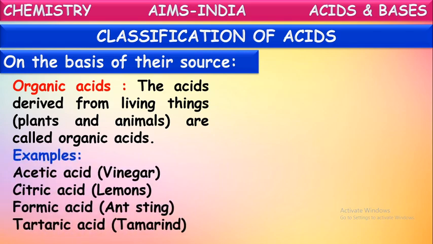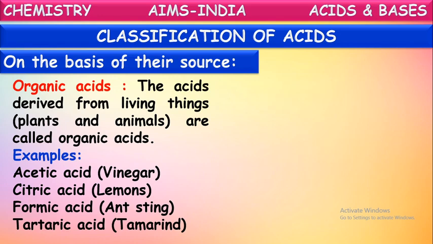For example, acetic acid is available in the form of vinegar. Citric acid and ascorbic acid are available from citrus fruits like lemons and oranges. Formic acid is present in the stings of ants, so it also has a natural source.